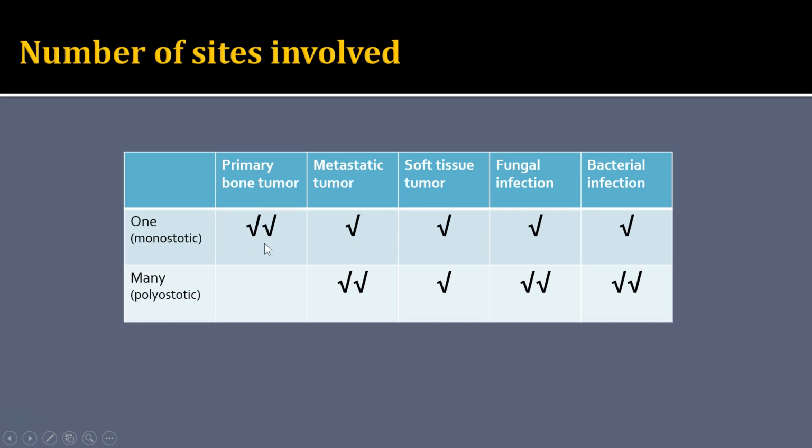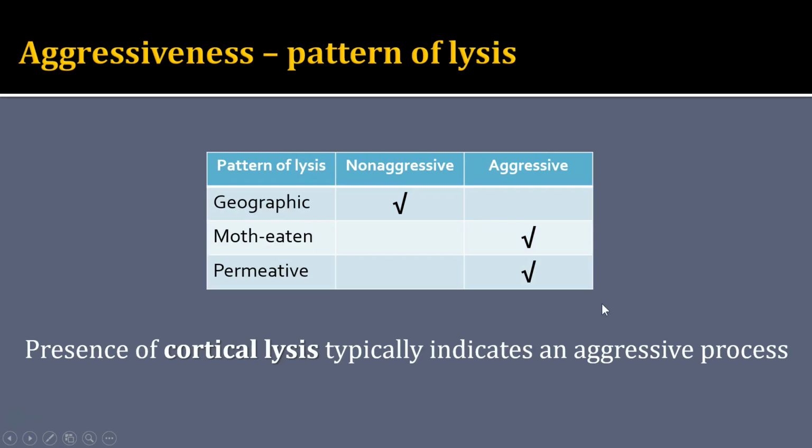So one site only. If you see more than one site, primary bone tumor won't be on our differential list. All of the other things, metastatic or soft tissue tumors and different kinds of infections, can affect one or more sites, although they oftentimes, when they're metastatic or infectious, like to affect more than one site.